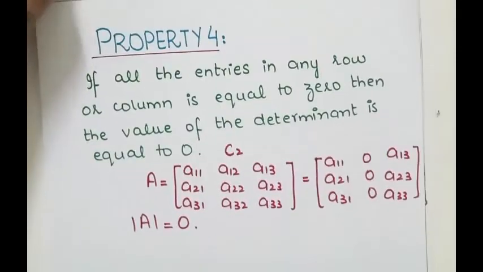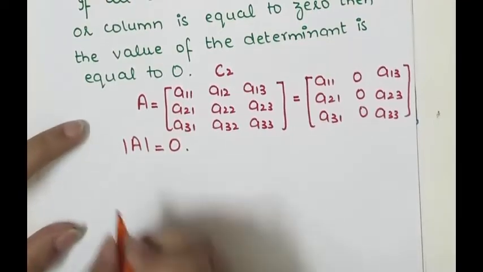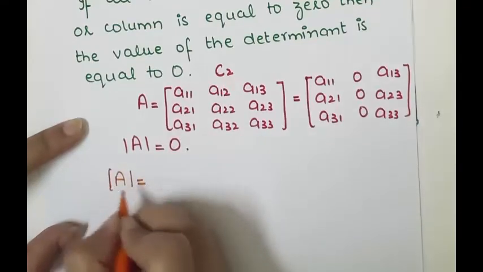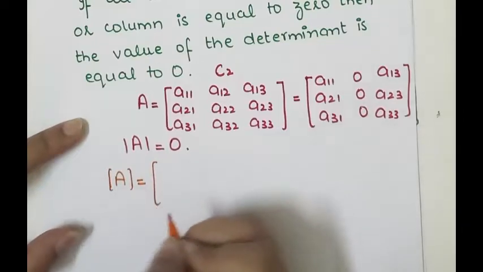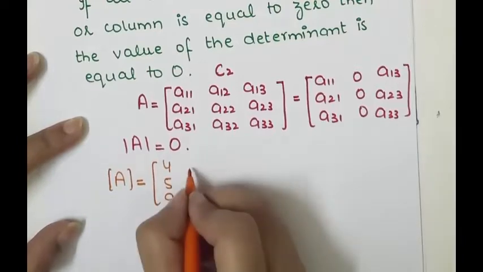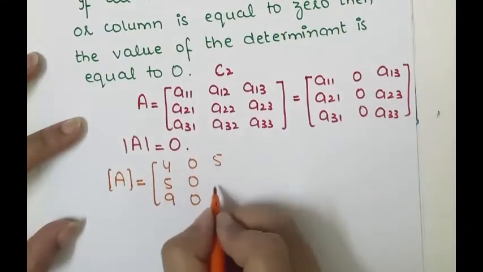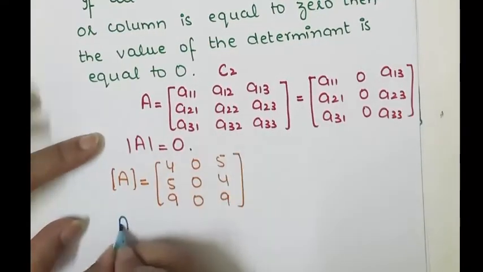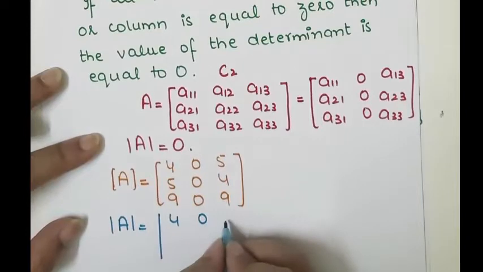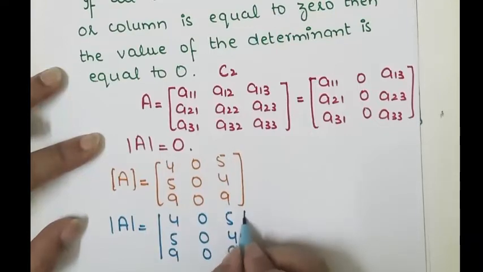So let's take an example and understand this concept. Suppose we have a matrix A which is equal to 4, 5, 9, 0, 0, 0. Then we have 5, 4 and 9. Taking the determinant, first of all we will write this matrix in the determinant form: 5, 0, 4, 9, 0 and 9.